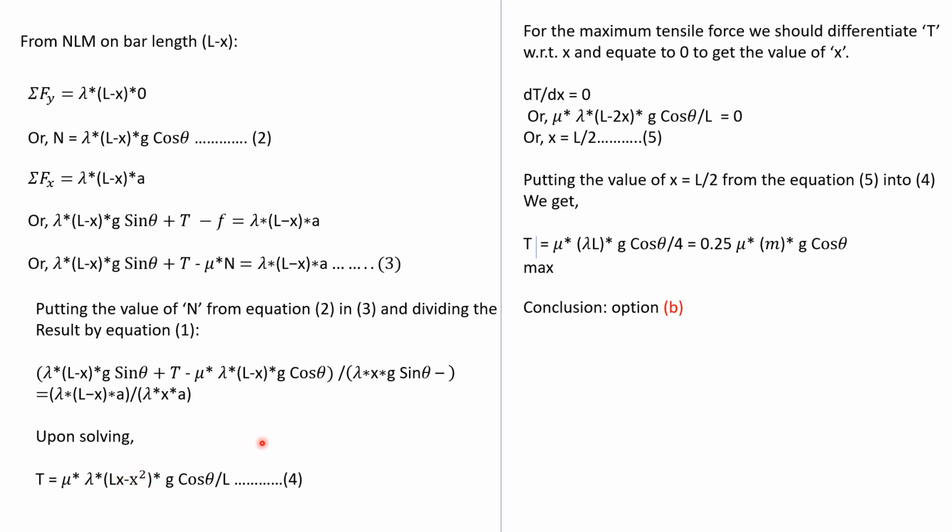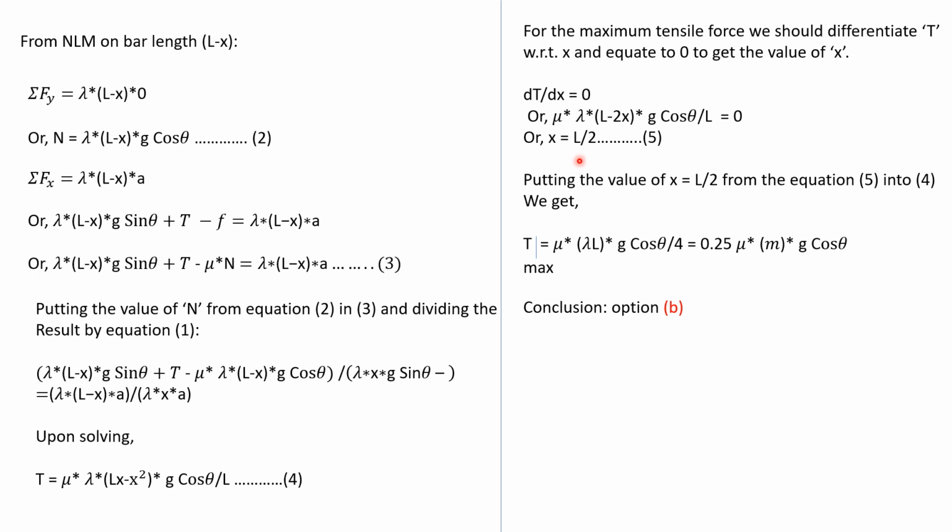And you know from mathematics that for maxima and minima, you need to differentiate T with respect to x and equate it to 0. So this is what has been done here, and from here we got x is equal to L by 2.